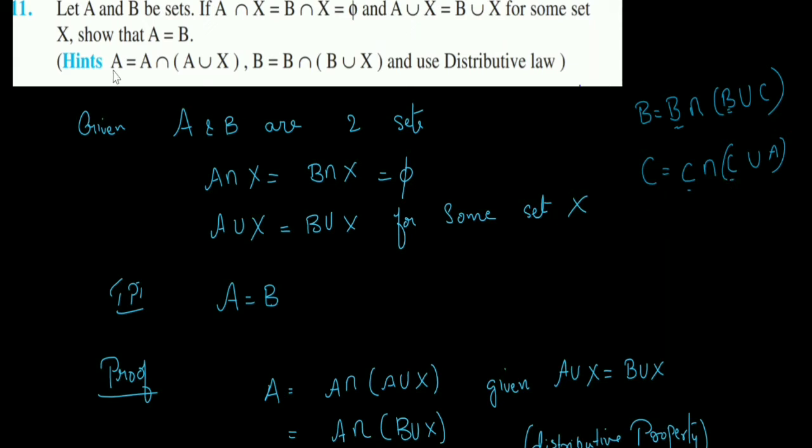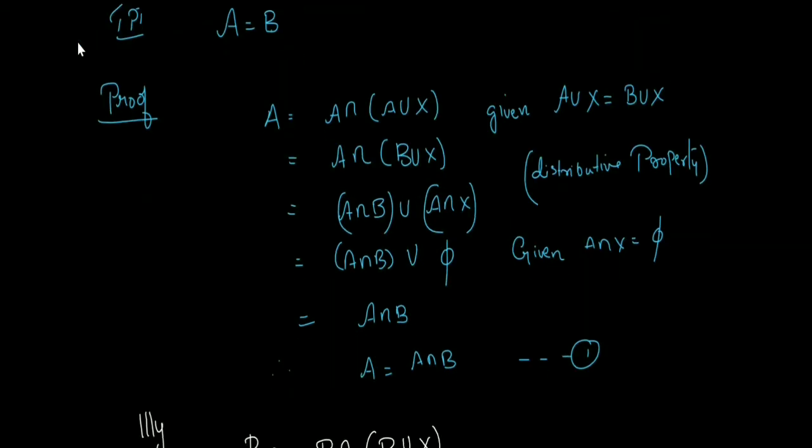So you can write the set A as A intersection (A union X). Similarly, you can write the set B as B intersection (B union some other set). We are taking the set here as X. So let us take that. So this is set A. We can write set A as A intersection (A union X).